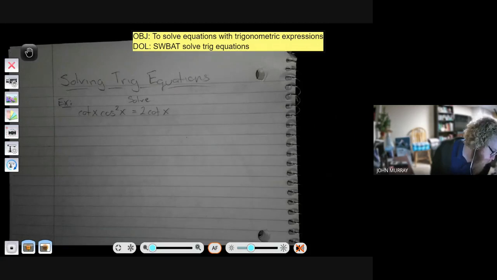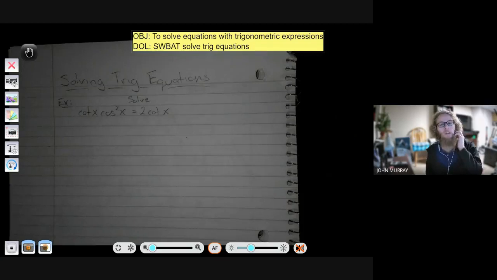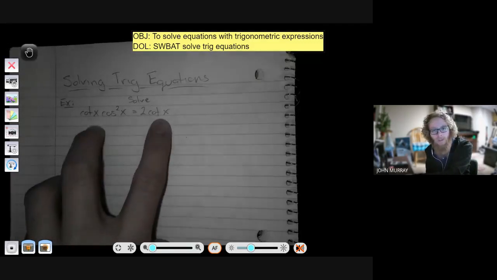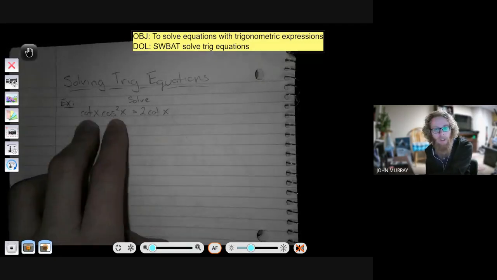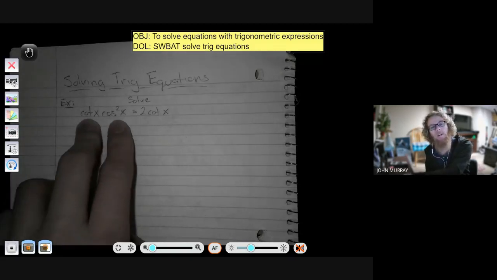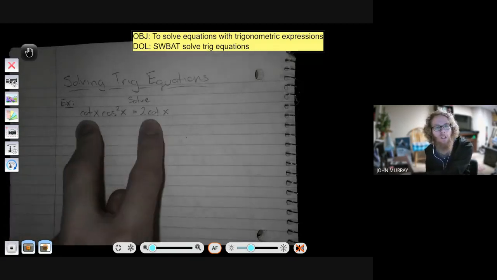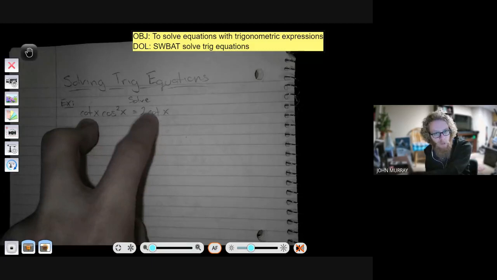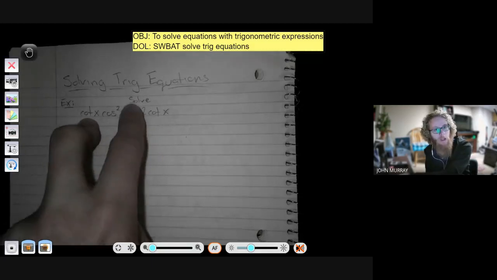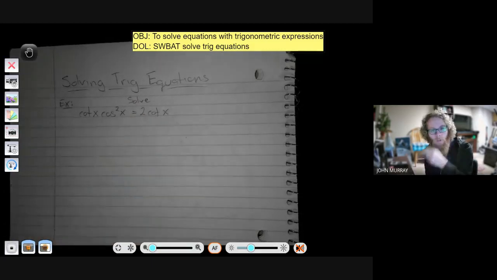Right, and again, we want to solve this. Now, be careful. If they say verify, then that's when we have to go back and do what we did last week, and use our trig rules to make this side look like that side. Right, so I'd say, all right, let me take this side and break it down to sines and cosines and make it look like that side. That's when it says verify. When it says solve, that means we want to get the x's alone.